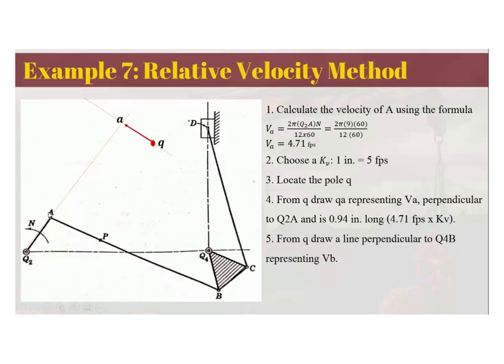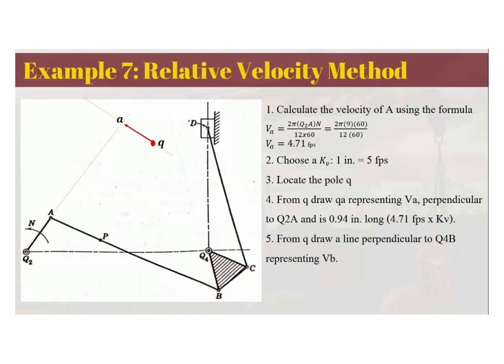That is always the thing that we will do: just solve for the points first that are on a common line from the known velocity. The velocity of A is known and B is on the same line as A, so we will solve for B first. So you are going to draw a line perpendicular to Q4B. So this is our Q4B. This is the line Q4B.